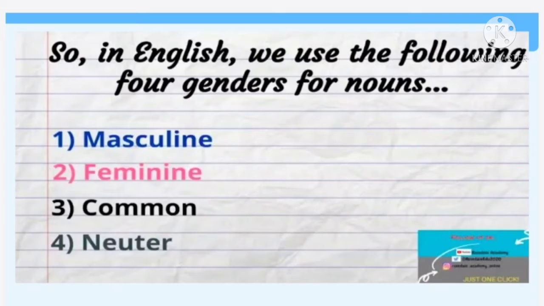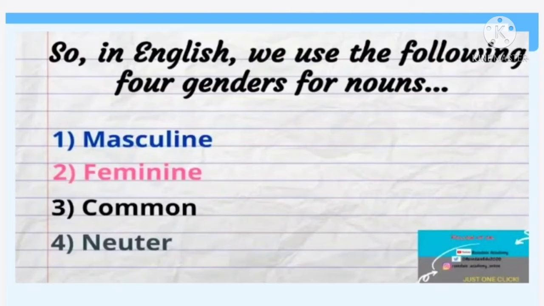A noun that is the name of any male person or animal is said to be of the masculine gender. A noun that is the name of any female person or animal is said to be of the feminine gender. A noun that is the name of a lifeless object is said to be of the neuter gender.